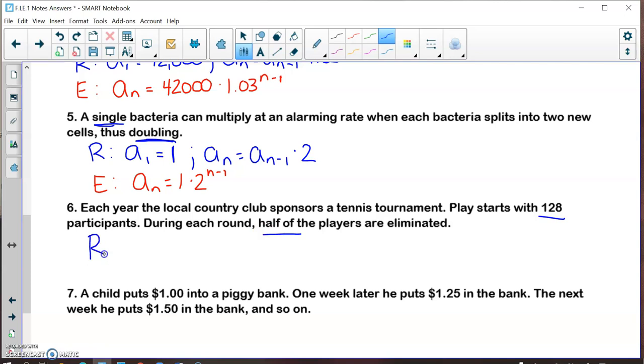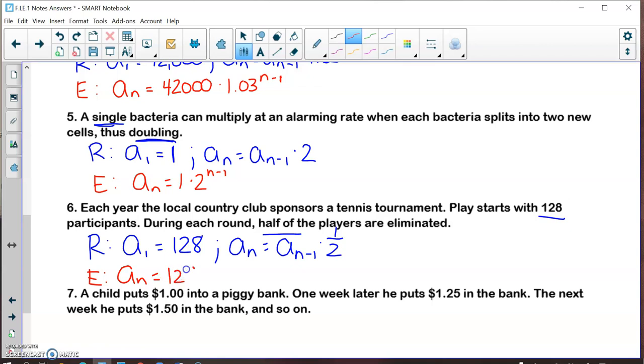So your recursive formula would be a sub 1 is equal to 128, we start with 128 participants; a sub n is equal to a sub n minus 1 times 1/2. Whereas your explicit formula would be a sub n is equal to 128 times 1/2 to the n minus 1 power.